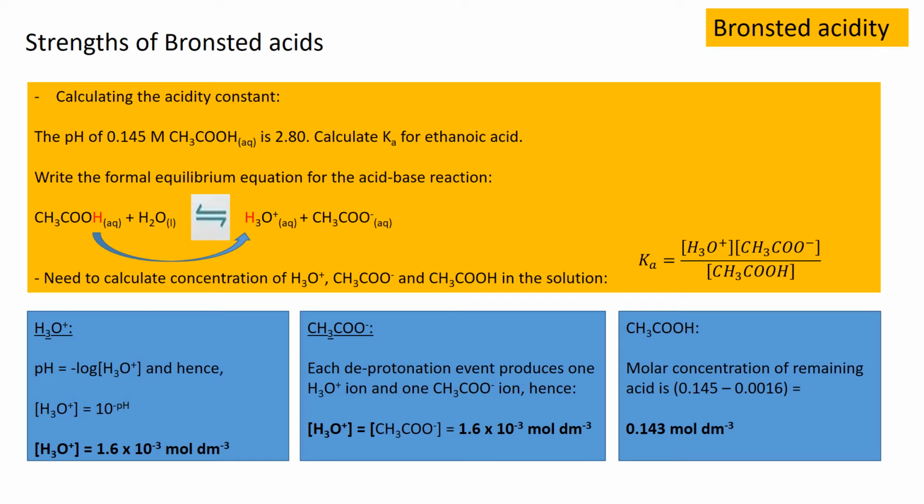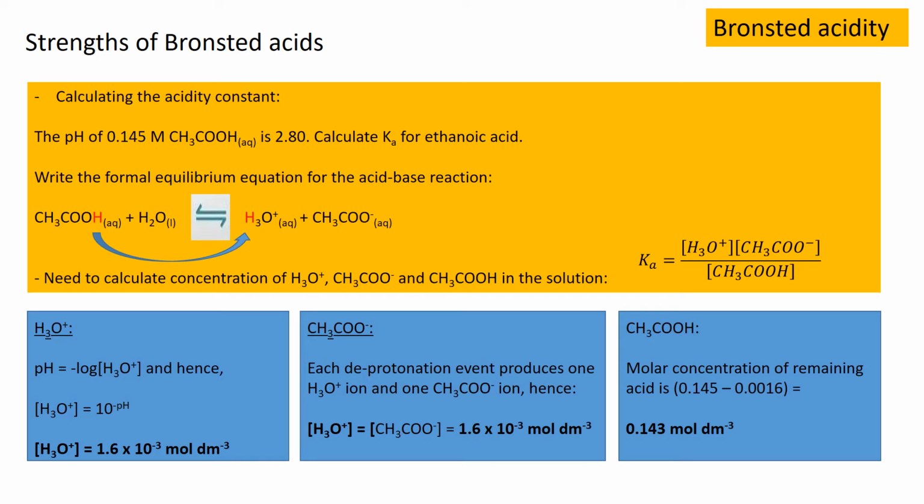We know that each deprotonation event produces one H3O+ ion, and of course if it's produced one H3O+ ion, then one ion of CH3COO- must be produced. So those two concentrations are equal, and the concentration of the deprotonated ethanoic acid is also 1.6 times 10 to the minus 3 moles per decimeter cubed.